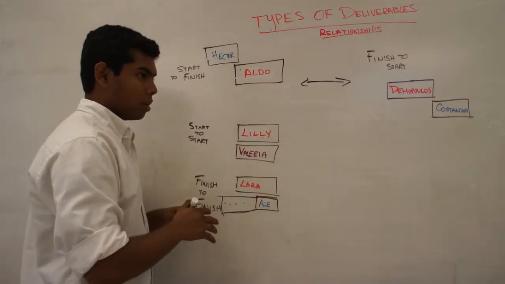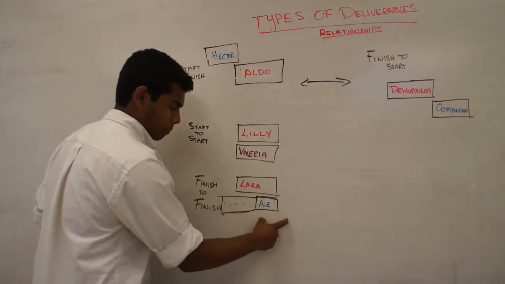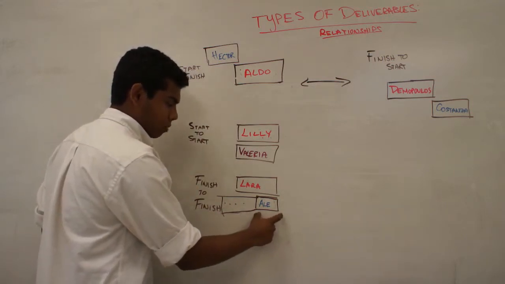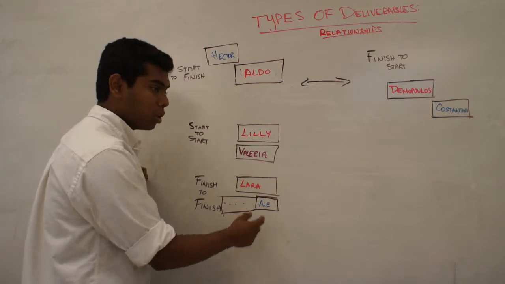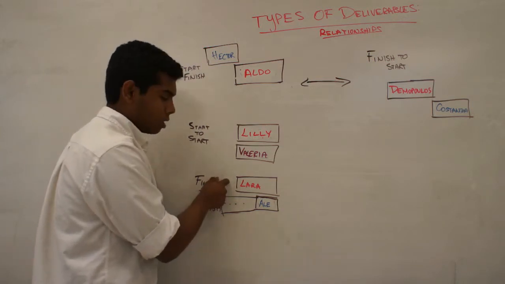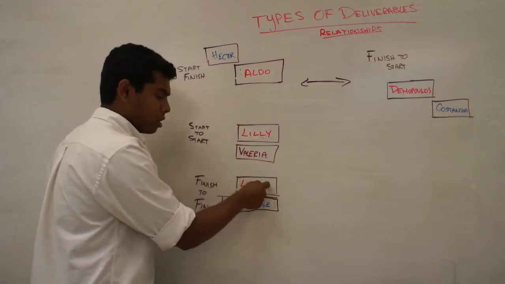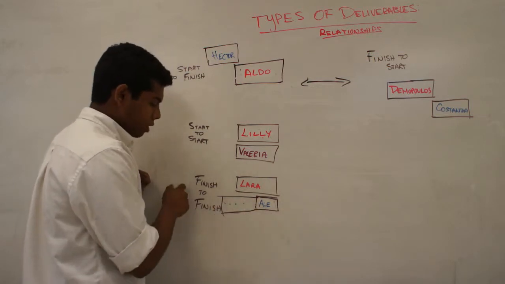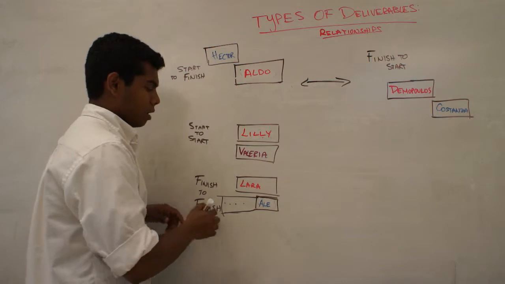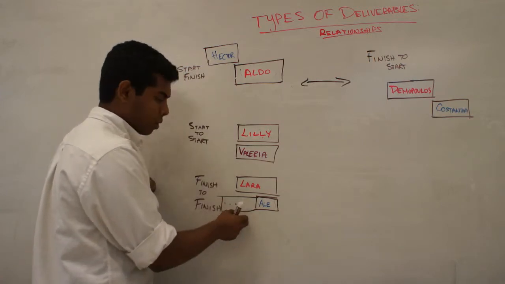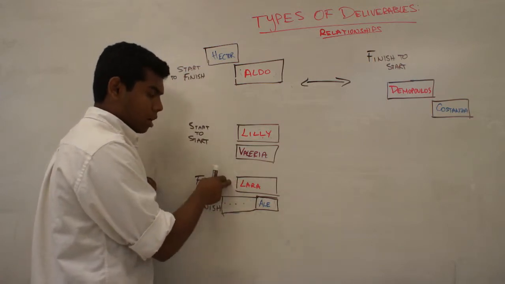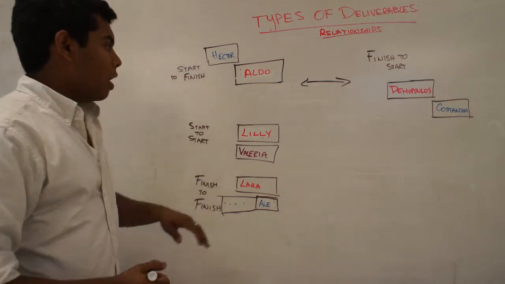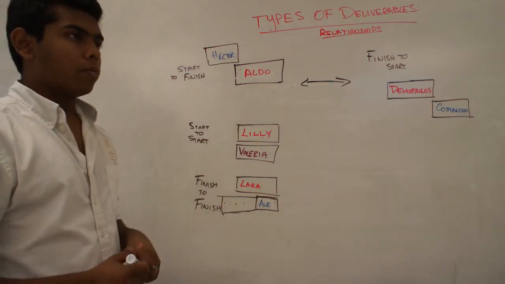So her task includes the results from Lara's task. So as Lara finishes his work, that helps Alejandra finish her work. So this is a finish-to-finish relationship, where in order for Alejandra to finish her work, she requires Lara to finish his work.